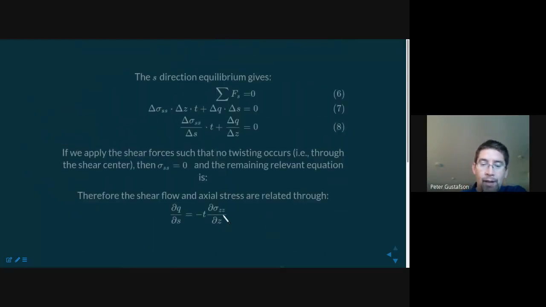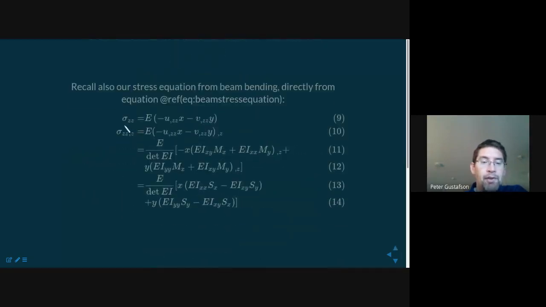Okay, now let me highlight this equation one more time. What we have learned is the relationship between the change in Q with respect to the S direction and the bending stress. Now we know, because of the beam bending equations, we can write down directly what sigma ZZ is. So that's what's coming up on the next slide, sigma ZZ.